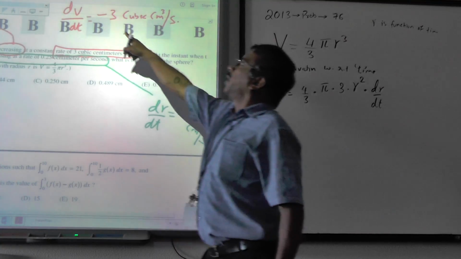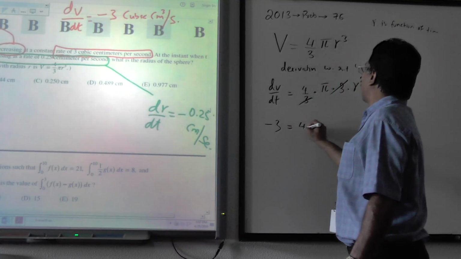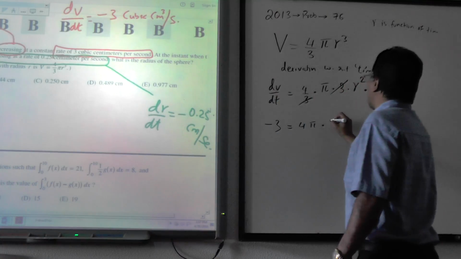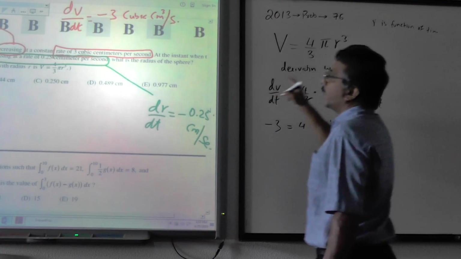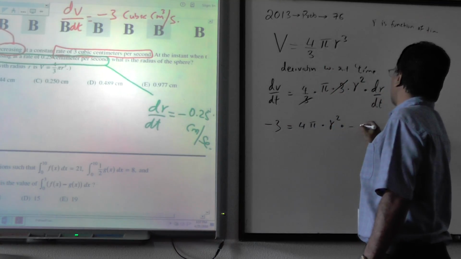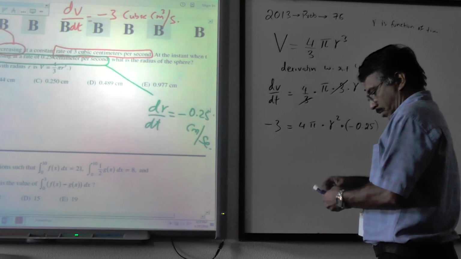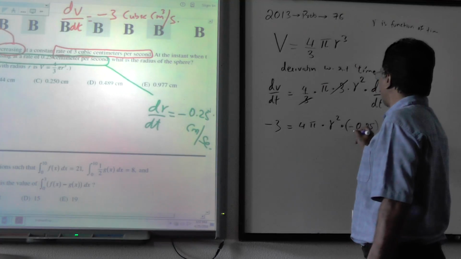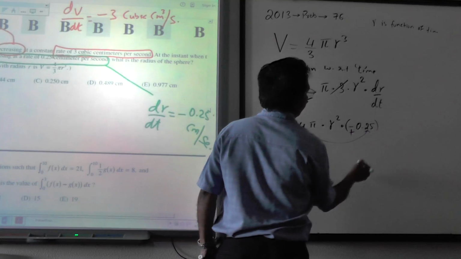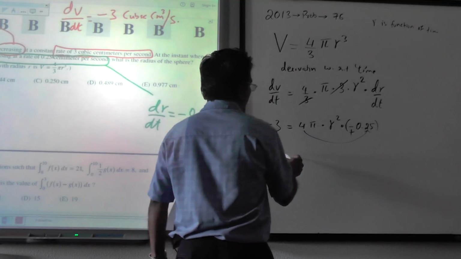Now dV by dt, plug in from here, is minus 3, and this 3 crosses out, leaving 4 pi r squared, which is what we are supposed to figure out, and dr by dt is minus 0.25. You can see the minus changes to plus. 4 times 0.25 will give you 1. You can check that.